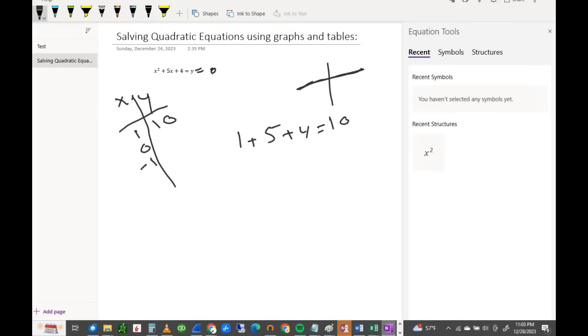Now, if we put 0 in that equation, we get 0 plus 0 plus 4, which is 4.